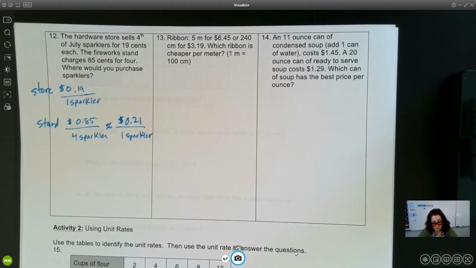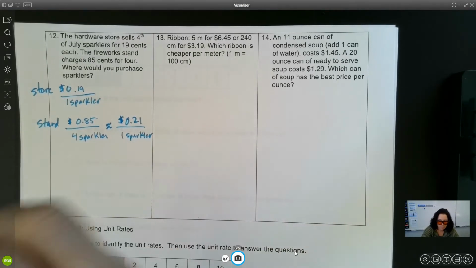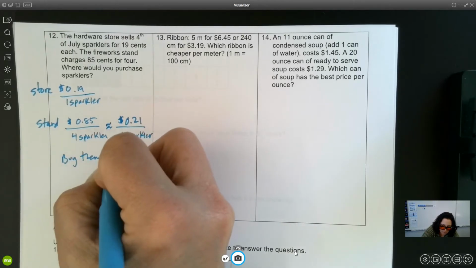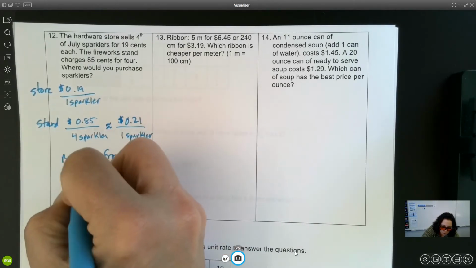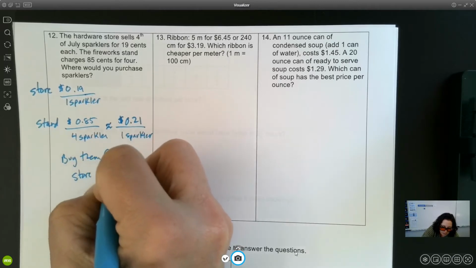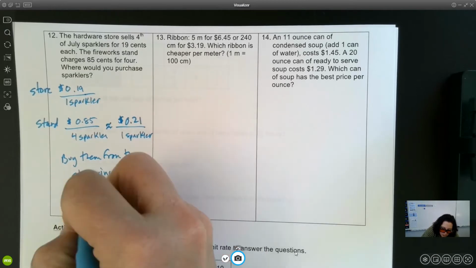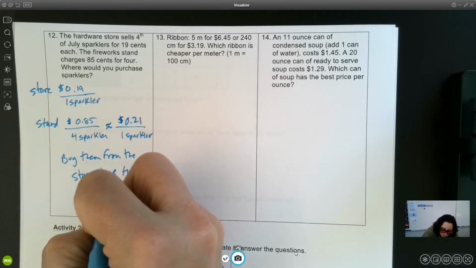Okay, so I would rather buy them from the store because they're cheaper per sparkler is my reason. Buy them from the store since they are cheaper per sparkler.